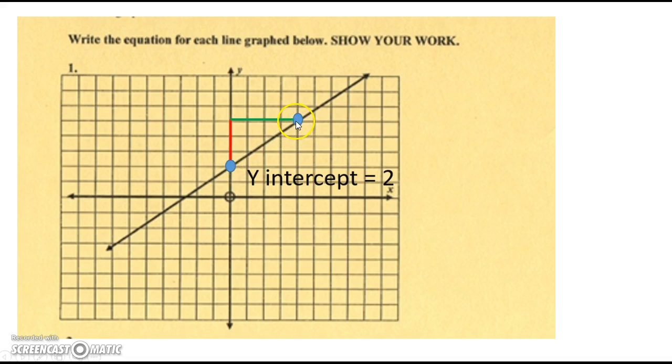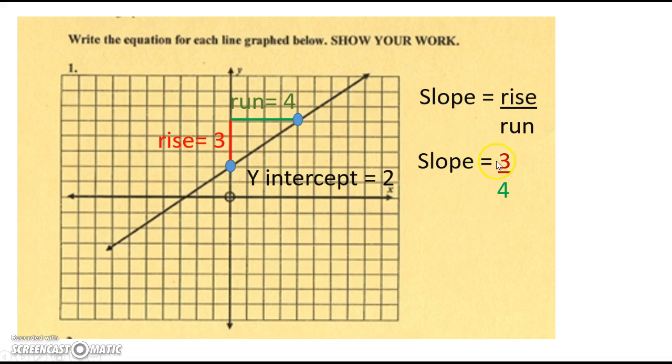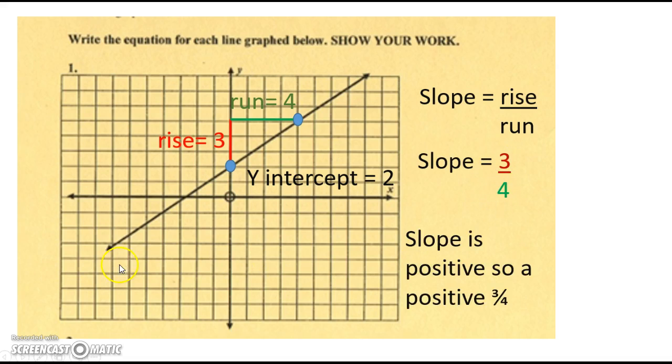From here to here, we need to do the rise over the run. We went 1, 2, 3 up, 1, 2, 3, 4 over. So our rise was 3, our run was 4. So our slope would be 3/4. Keep in mind it's a positive 3/4 because our line has a positive slope. Okay, we should have that on our paper.